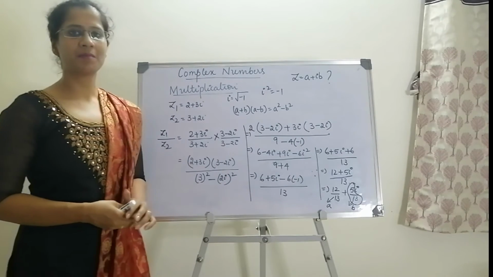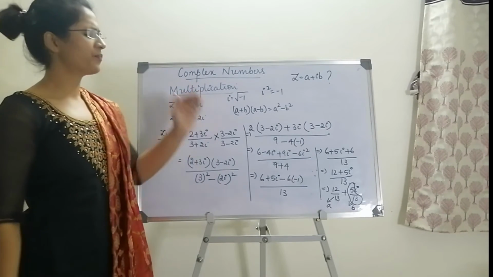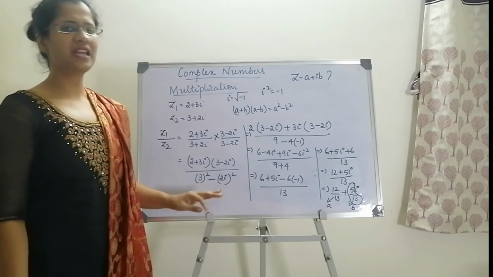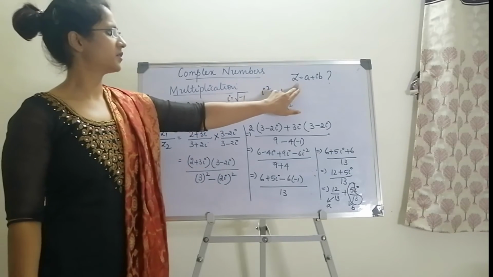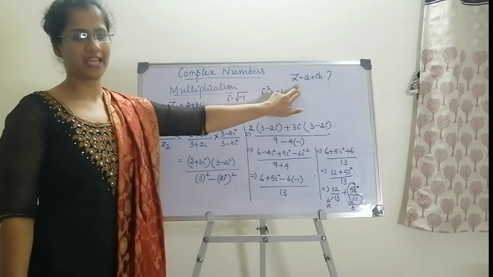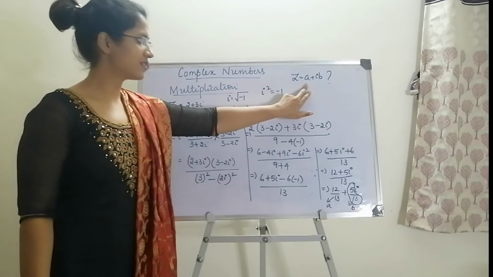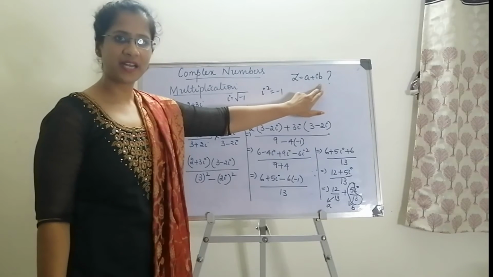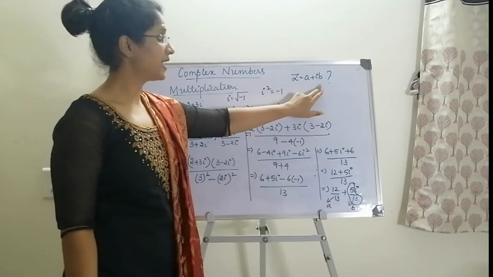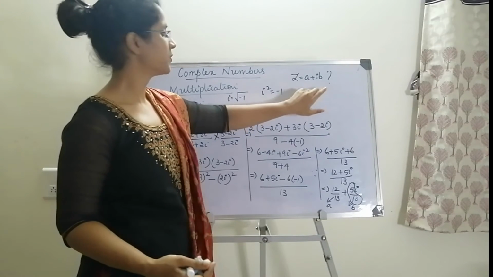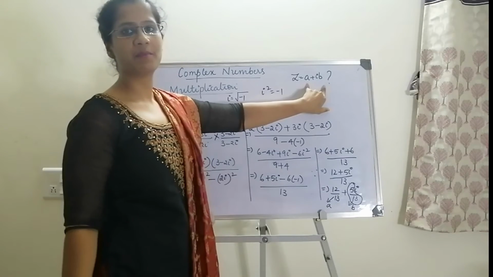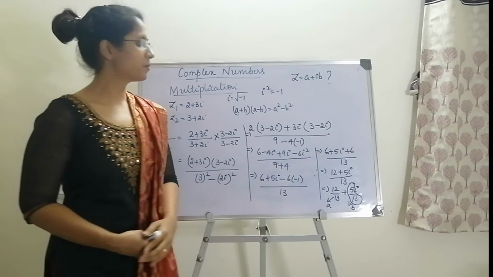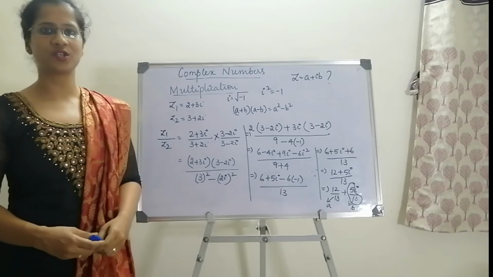Please bear in mind, all my learners, whichever complex number problems you do, your final answer should be of the form z is equal to a plus ib, where a resembles your real term and b resembles your imaginary term. Both A and B will be real numbers. Very, very important. Hope this concept is very clear to you all.